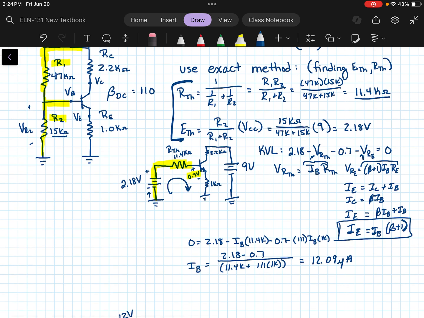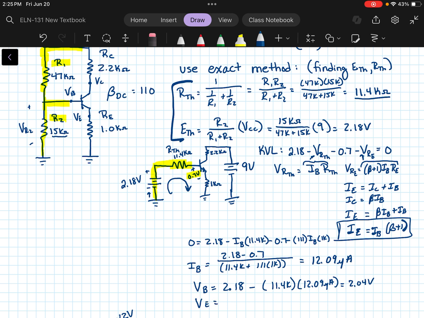If we have 12.09 microamps at B, then the voltage at B would be the 2.18 volts that we are supplying at VBB minus 11.4K times 12.09 microamps, which gives us about 2.04 volts at VB.